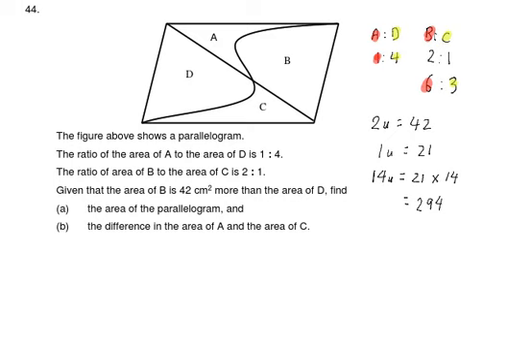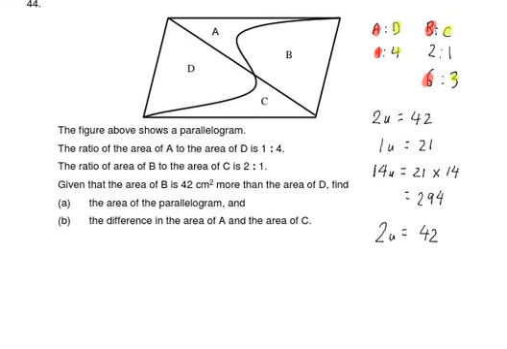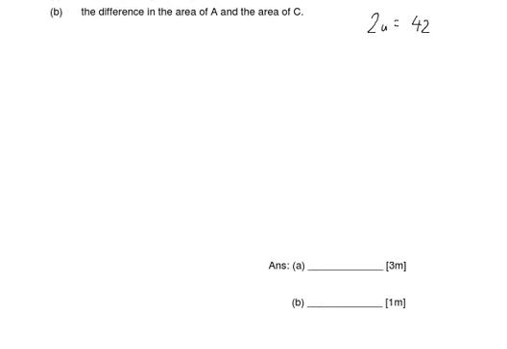Find the difference in the area of A and C. What's the difference in units, Vikram? Two units, which we also know from the first part is 42, right? So the first answer is 294. Second answer is 42. Anyone has any questions?